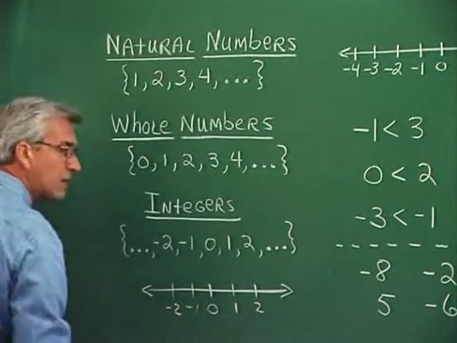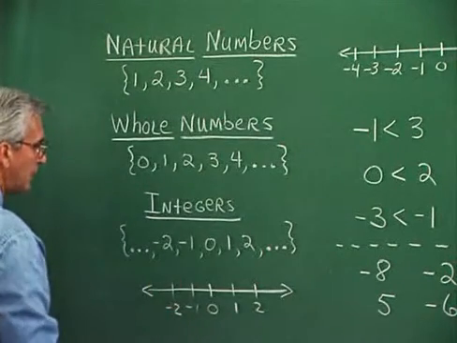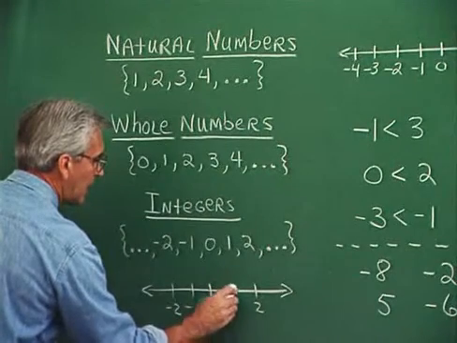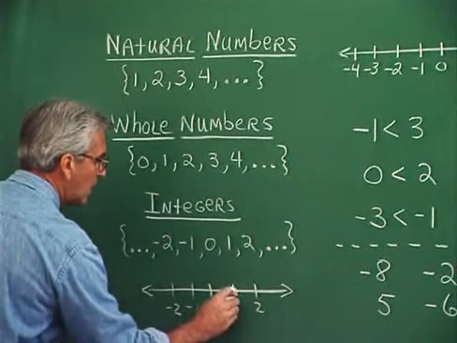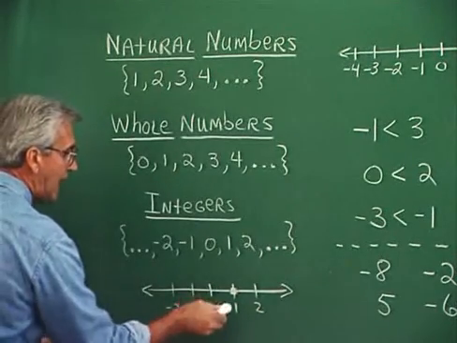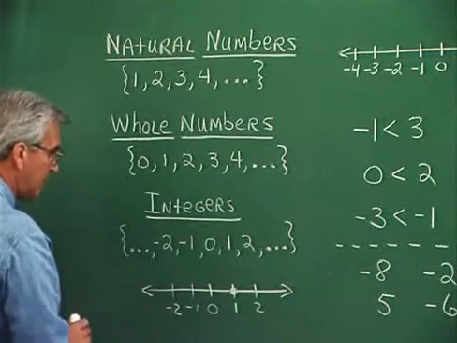And typically, positive numbers lie to the right, negative numbers to the left when we're talking about a number line. And when we locate a position on the number line, like here's the location of 1, we're actually graphing the number 1. So the graph is just the dot on the number line that's associated with that number.